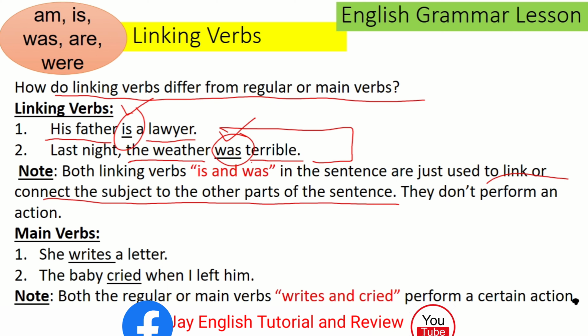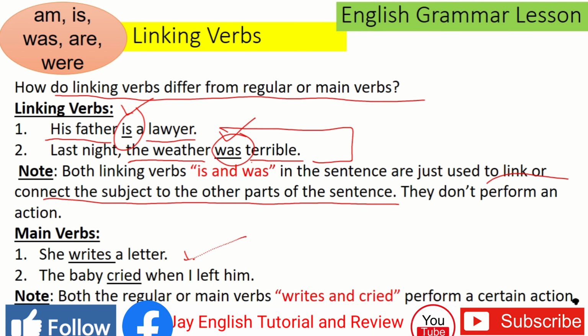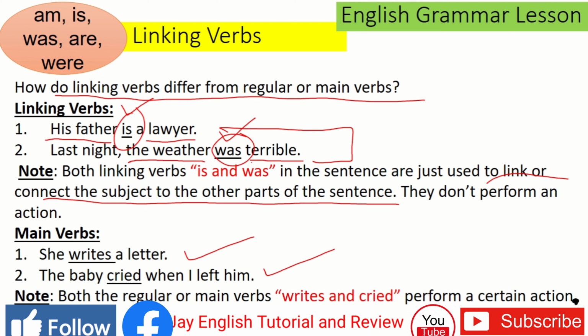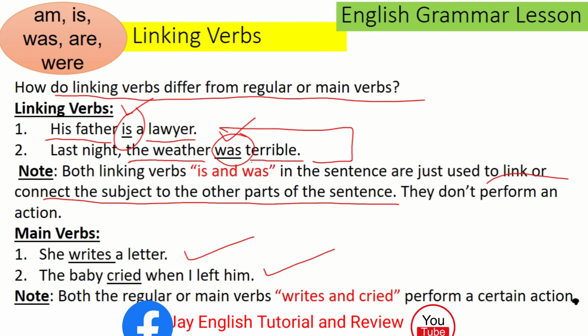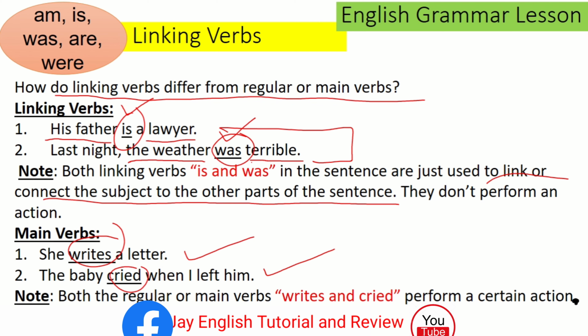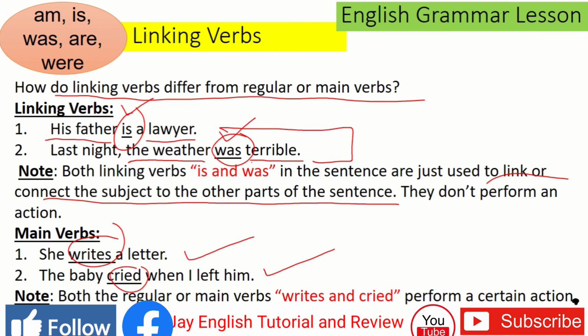How about sentences with main verbs or regular verbs? She writes a letter. The baby cried when I left him. Okay. Both the regular or main verbs writes and cried perform a certain action. Okay?